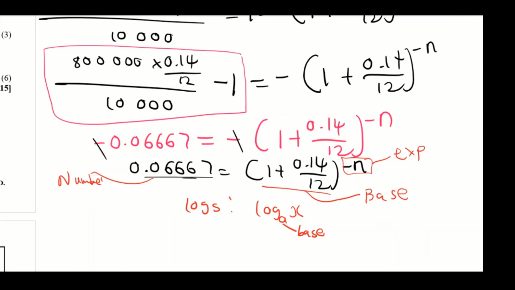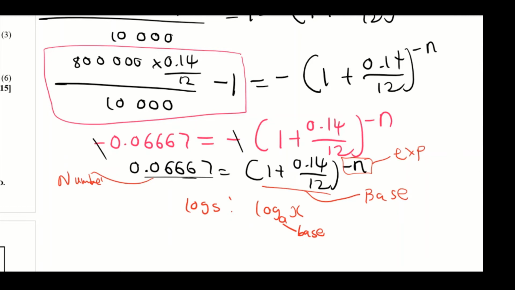It's going to be equal to the exponent. So to write this properly, we're going to say our minus n, which is the exponent, equals log. Our base is 1 plus 0.14 over 12, and inside the log is 0.06667.